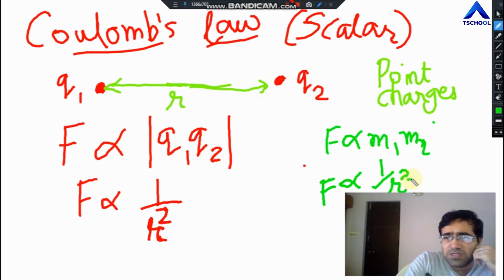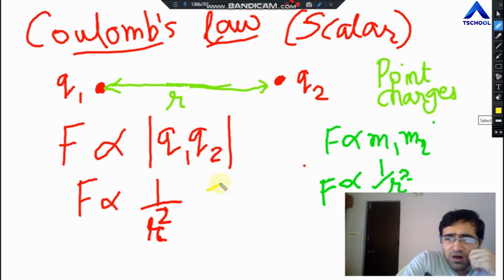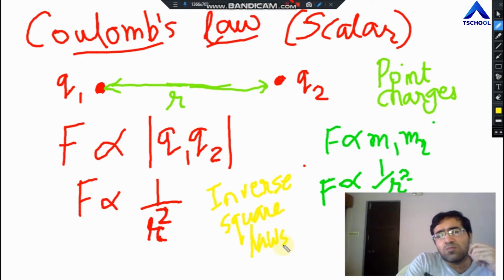So both of these laws are inverse square laws, because both the forces are proportional to the inverse of the square of the distance between the two particles.